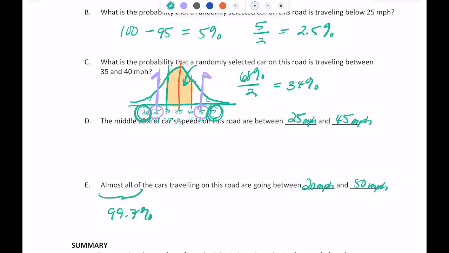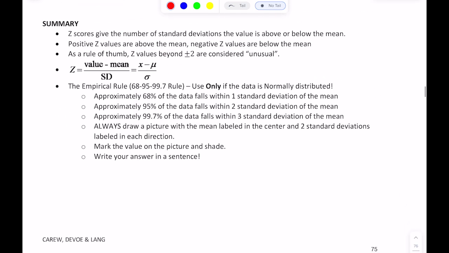So that's the end of this lesson. We're going to see more of the normal distribution throughout the entire book. So it's really important, this section, that you understand z-scores and also the normal distribution. So please go back over the notes and go over the summary here.